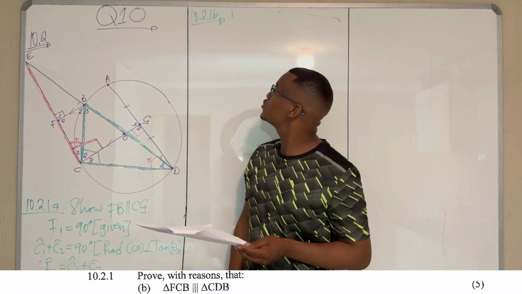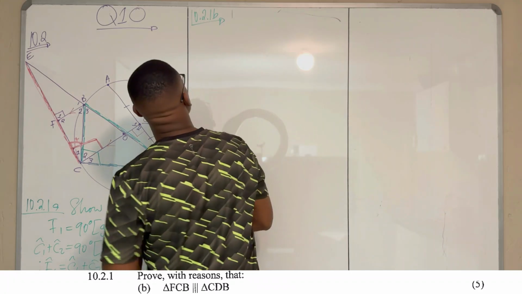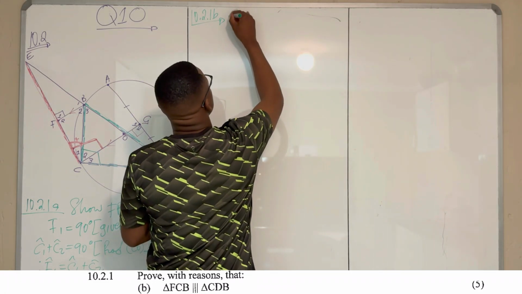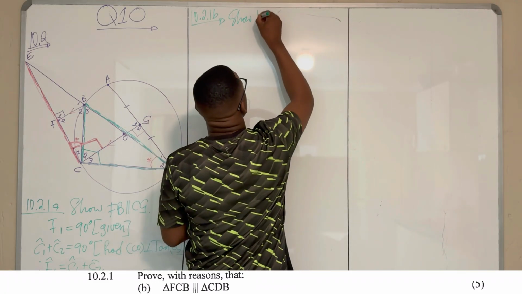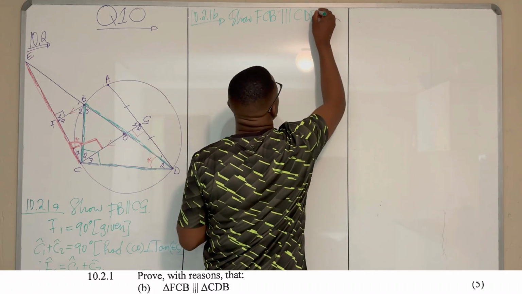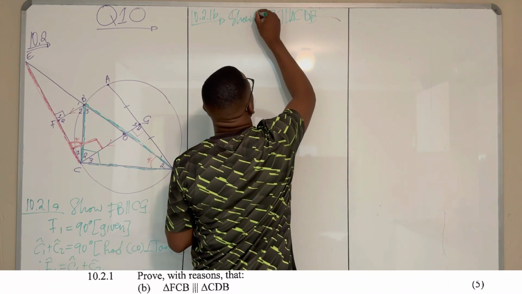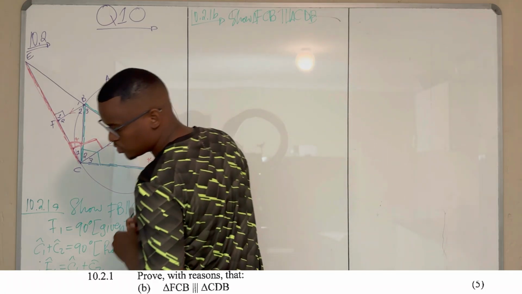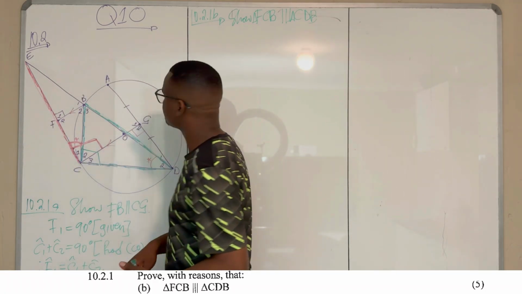So they want us to show that triangle FCB is similar to triangle CDB. They want to show that these two triangles are similar.